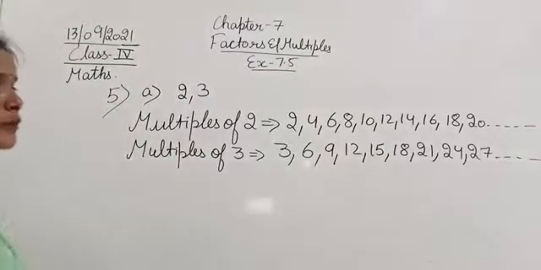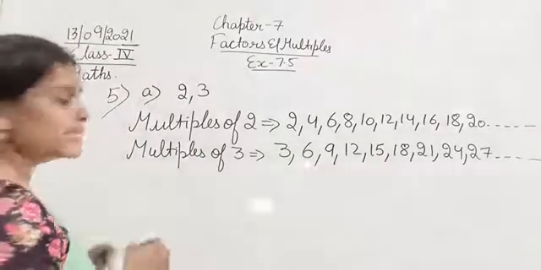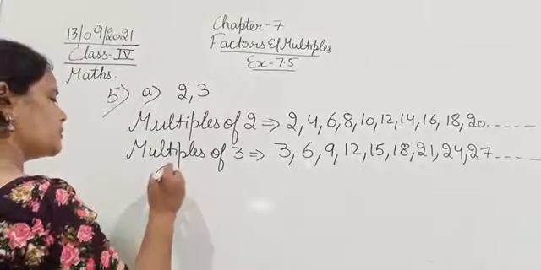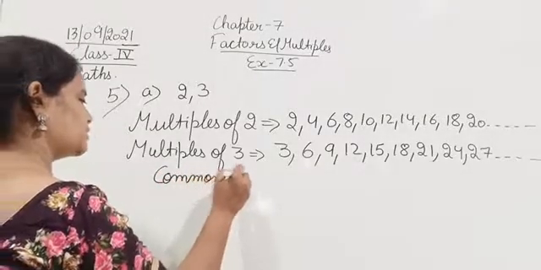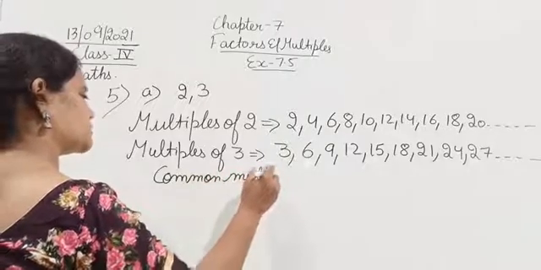Now we have to list out the common multiples and the least common multiple. So first of all, we will find the common multiples.